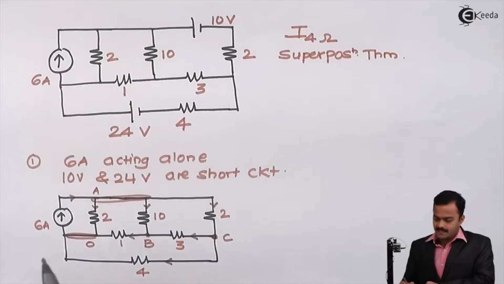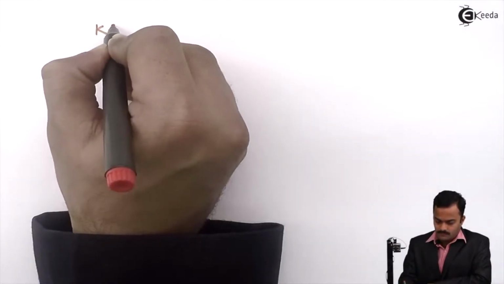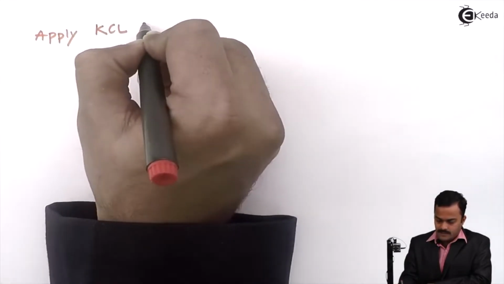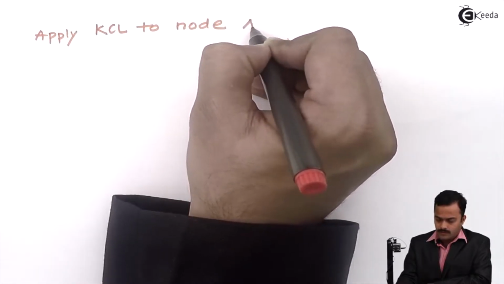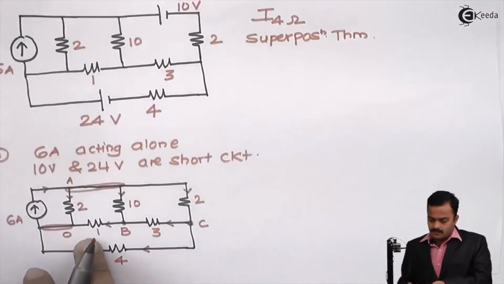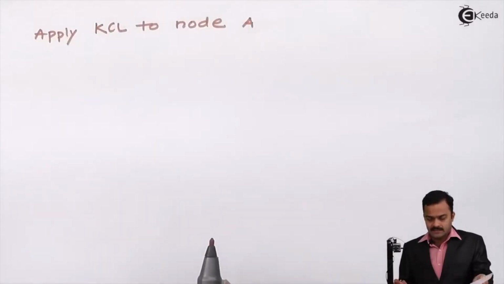So let's apply KCL at node A. If I see the circuit, node A having 1, 2, 3, 4 branches connected.